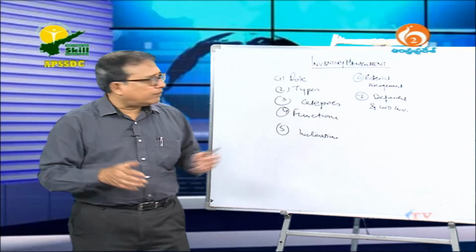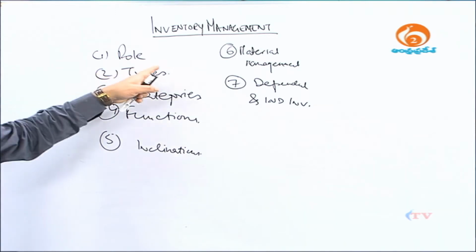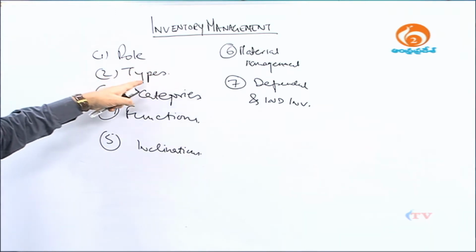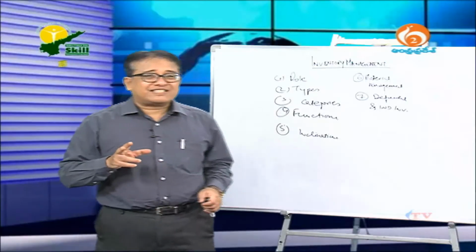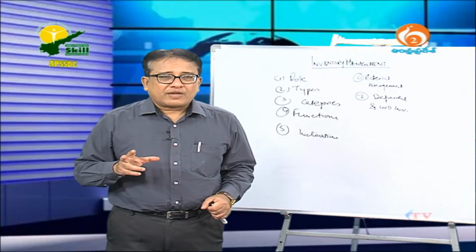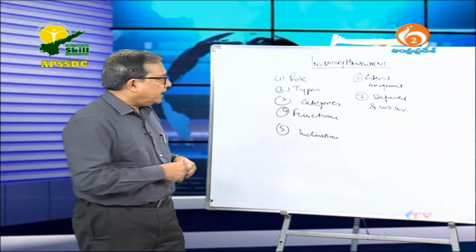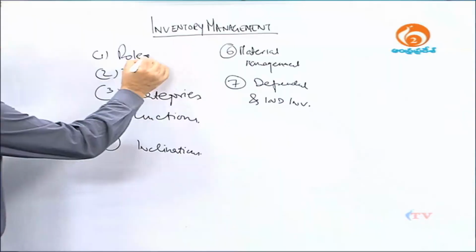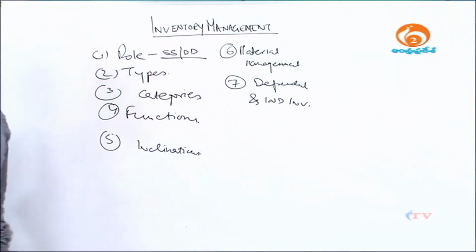So, it could be a working stock, which has to constantly feed the next stage or the next function. So, that is the role. It also works as a very significant asset of a company. It primarily helps to control the demand and supply of a particular company.